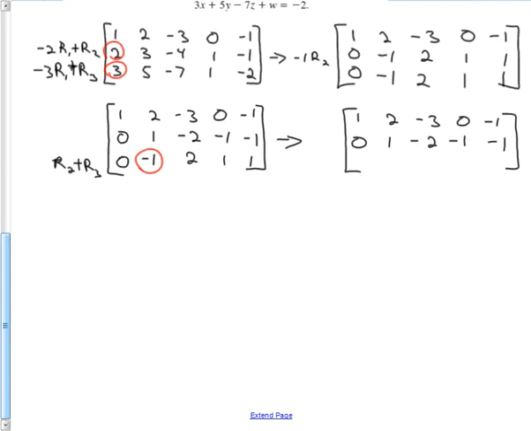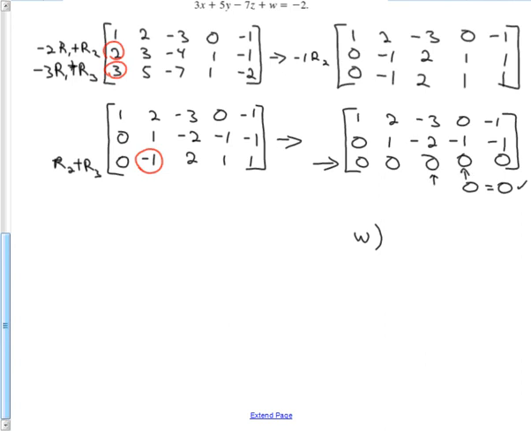Now we're going to add it together. 0 and 0 make 0. 1, negative 1 make 0. Make 0. Make 0. So there's a case where once again 0 equals 0. True, infinitely many solutions. But we don't know W, the last one.